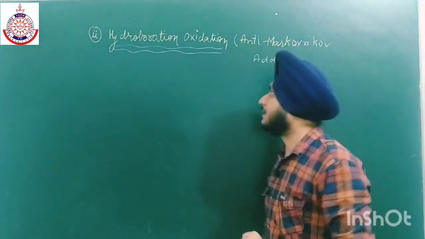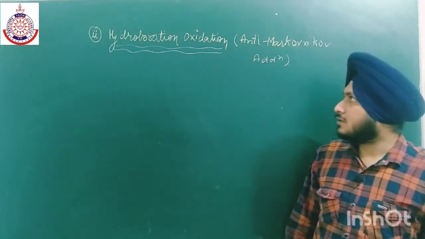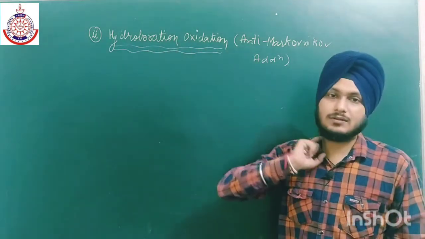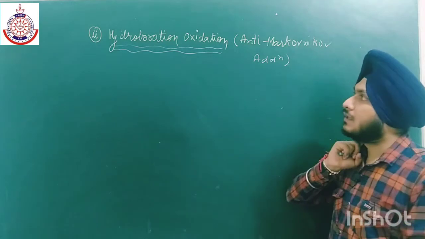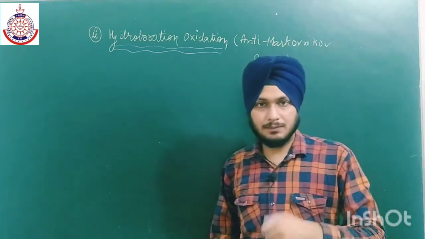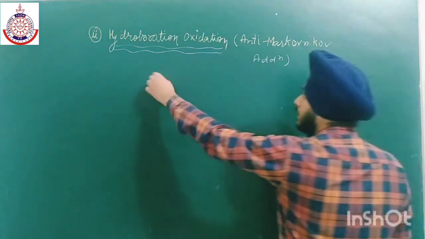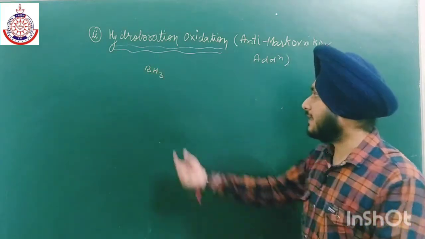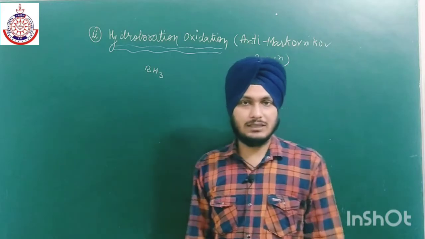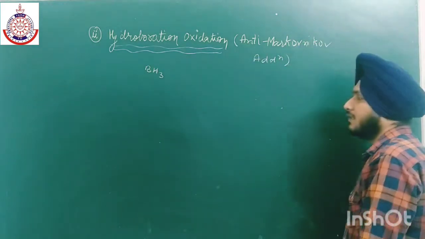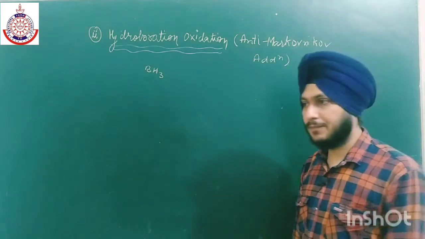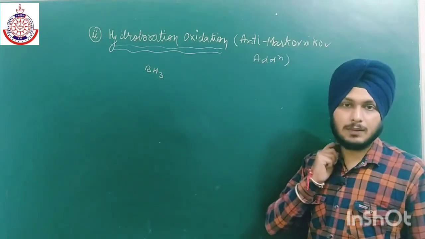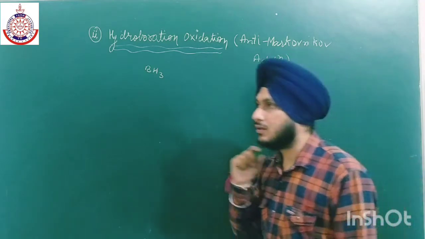So firstly, hydroboration oxidation. It consists of two steps. First is hydroboration and the second is oxidation. Now in this method, we all know that with borane, BH3 is electron deficient because it has only 6 electrons, so it will act as an electrophile, or a Lewis acid, and will attack the double bond.